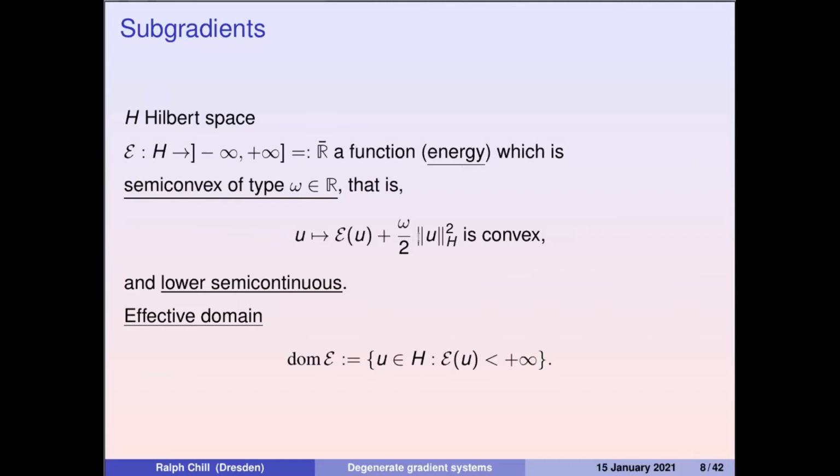So when I add omega times norm square for some omega in R, then we should get a convex function. In many old texts, omega is equal to 0. So we really treat convex and lower semi-continuous functions. And we define the effective domain of such a function as those elements where the energy is really real valued, finite valued.